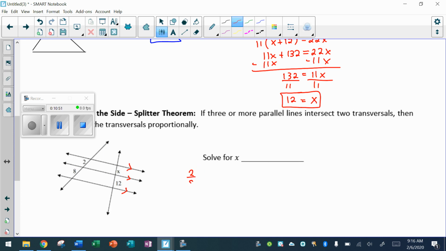So 2 is to 8 as x is to 12, right? They should be broken up in the same ratio or proportion. So if I cross multiply, I get 8x is equal to 24. And if I divide by 8, x is 3.